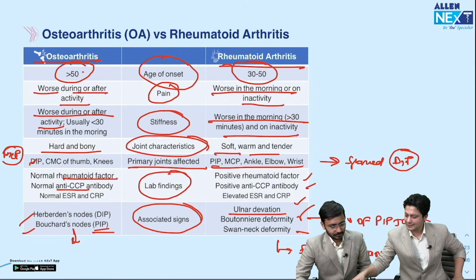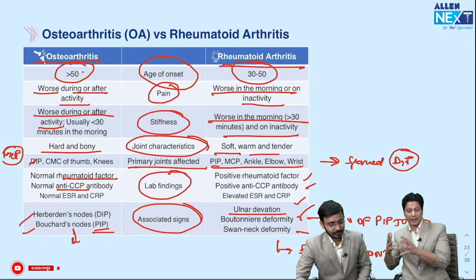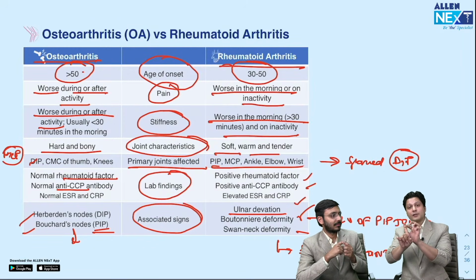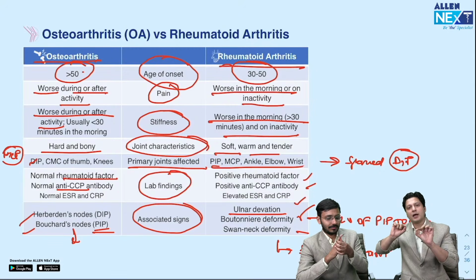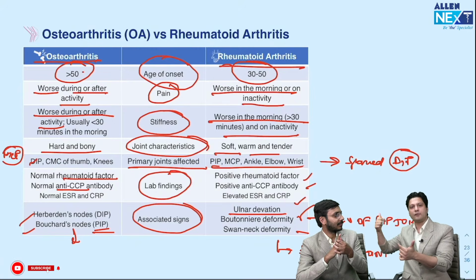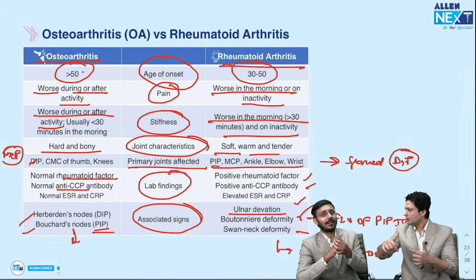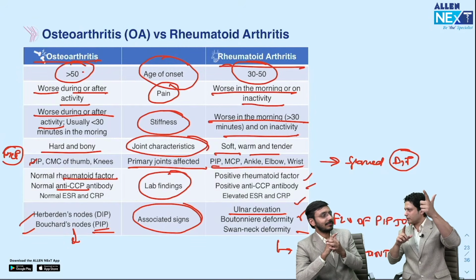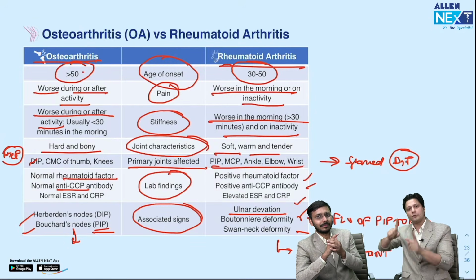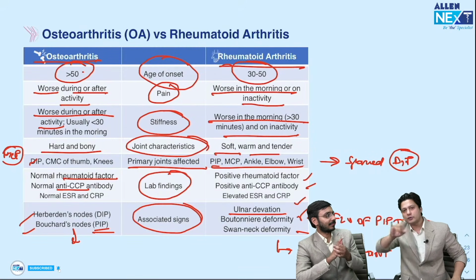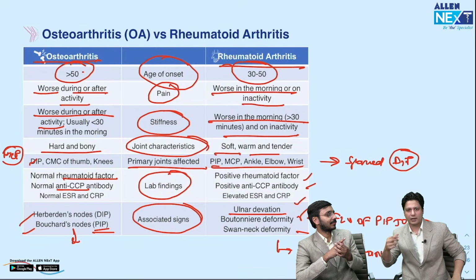We tend to describe swan neck deformity as extension of the proximal interphalangeal and flexion of the distal interphalangeal joint, so it gives a wrong impression that the distal interphalangeal joint is primarily affected by rheumatoid arthritis. Exactly not. It is a secondary involvement of the distal interphalangeal joint, which is pulled into flexion because of the hyperextension happening at the proximal interphalangeal joint. Right, sir. Exactly opposite is the buttonhole deformity. It is a French word, like boutonniere deformity.